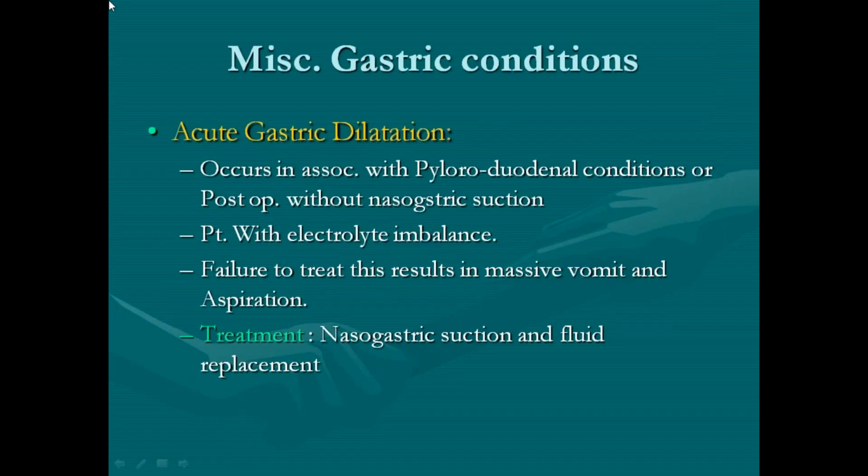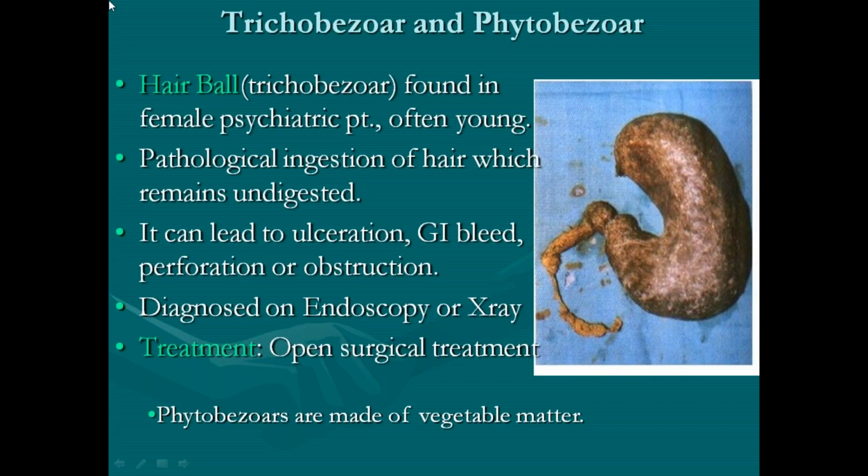Then what are the other conditions which can cause it? One is obstruction due to hair or due to some plant materials, that is trichobezoar or phytobezoar. This obstruction is mainly seen in psychiatric patients, not normal individuals. So trichobezoar, as you can appreciate in the picture, this is a trichobezoar.